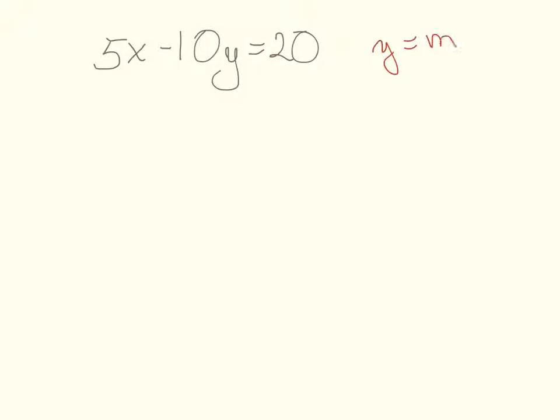If we have 5x minus 10y is equal to 20, and my goal is to put it into y equals mx plus b form, I know I have to get y by itself. So in order to get this y right here by itself on this side of the equation, I first have to subtract 5x from both sides.